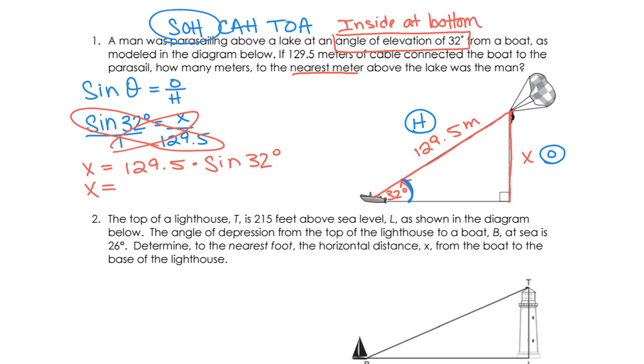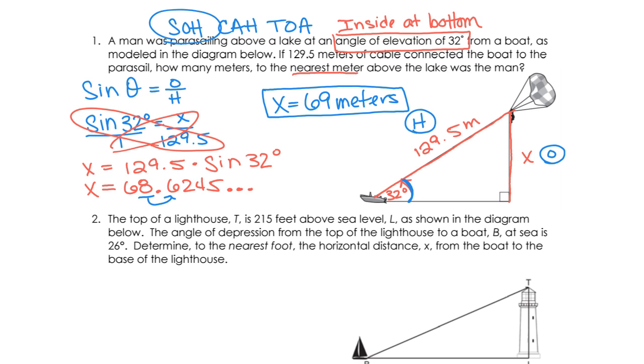And we end up with 68.6245... They said nearest meter, so no tenth, hundredth, thousandth, so no decimal places. The 6 is going to round that 8 up to a 9, so X equals 69 meters. And that is the height of our little parasailer above the lake.